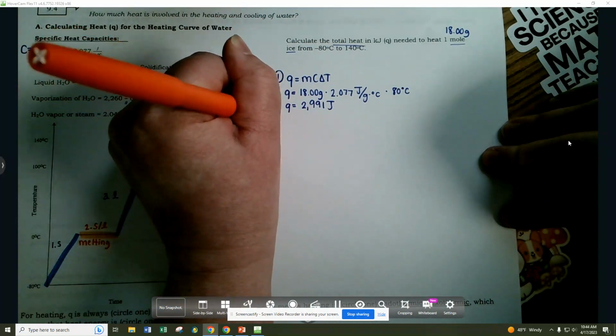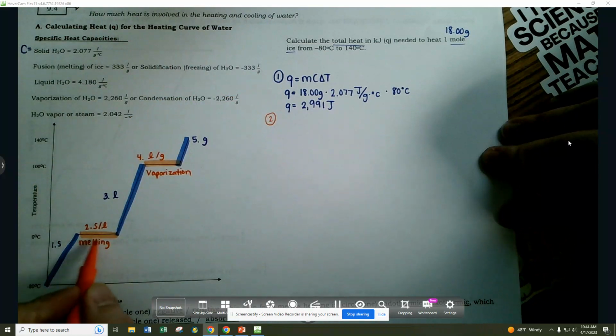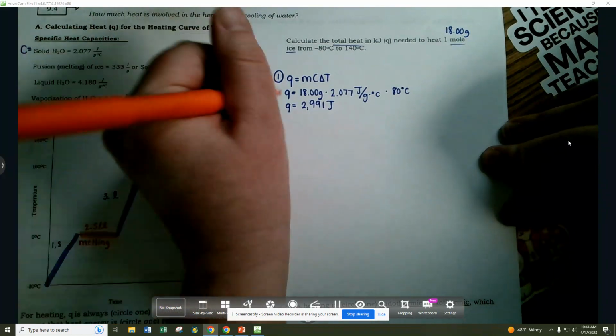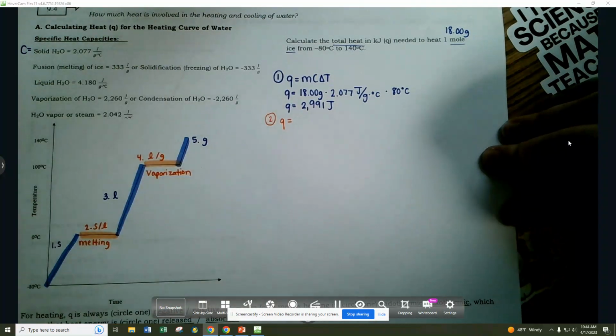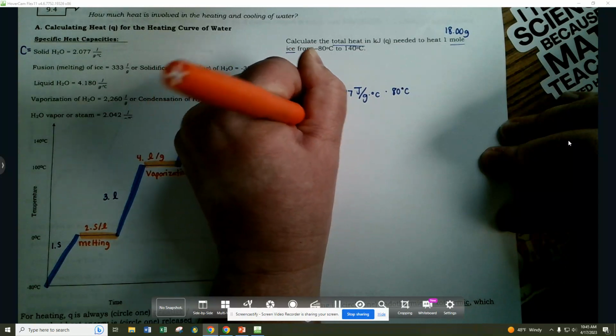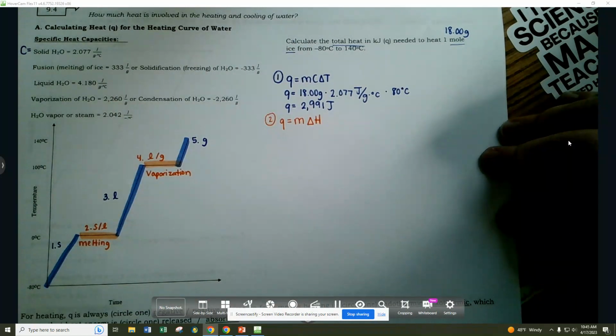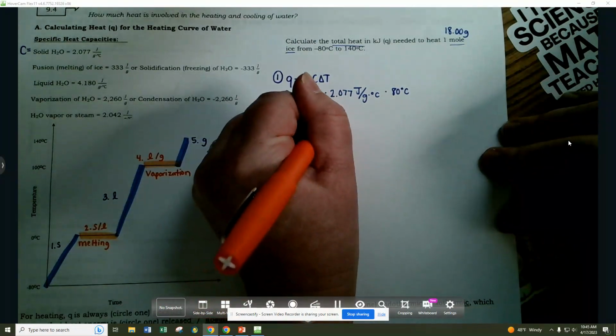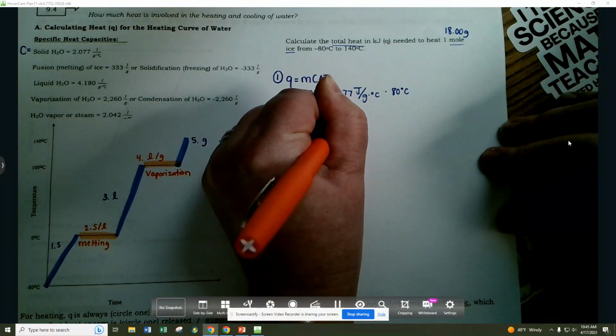Now for number 2, we are now at a phase change. So we have a slightly different way that we're finding Q. We cannot use MCAT because there is no temperature change, and we have 2 phases of matter. We have some solid, some liquid. So we're going to use M times delta H, where delta H stands for the change in the enthalpy, the change in the energy, specifically because of melting.